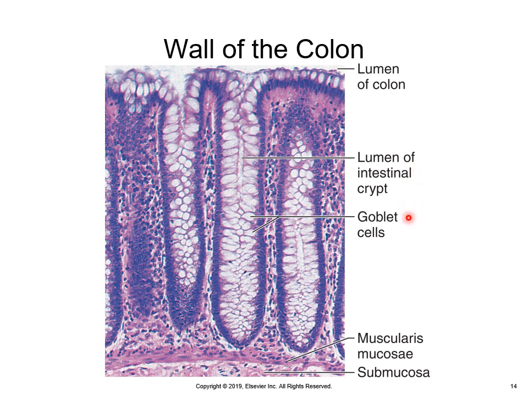Again, those goblet cells are going to produce mucus in order to facilitate a smooth passage of the stool, so it's going to prevent irritation as that stool is being passed. And it also helps in terms of barrier function. The colon wall acts like a protective barrier against harmful bacteria and also toxins that are within the area.